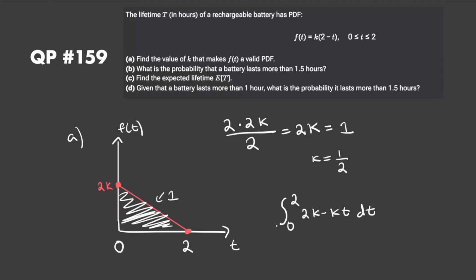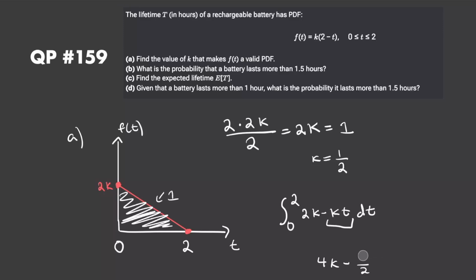Evaluating this integral, the antiderivative of the first part is 2kt evaluated from 0 to 2, which gives us 4k. For the second part, the antiderivative of negative kt is negative k over 2 times t squared, evaluated from 0 to 2. When we plug in 2, we get a 4 here, and when we plug in 0, we get 0, so that's irrelevant.